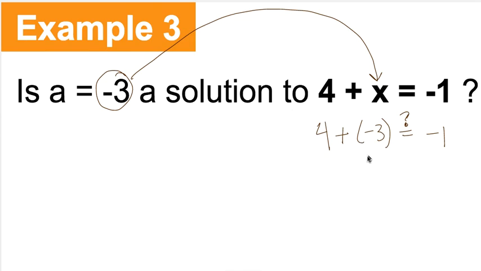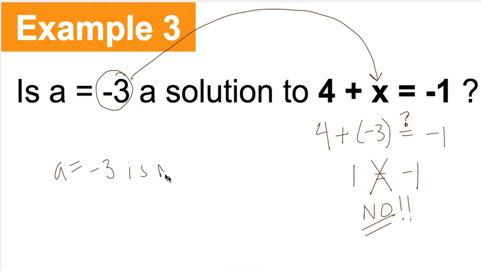And now step number 2 was to simplify the left-hand side. 4 plus -3 is actually +1. Does +1 equal -1? No, it does not. a equals -3 is not a solution.